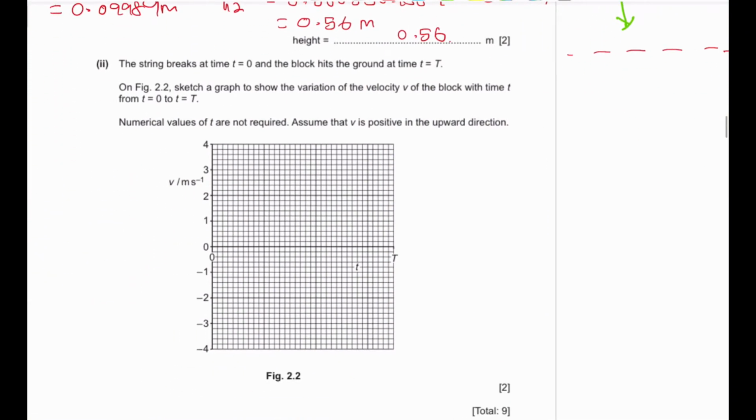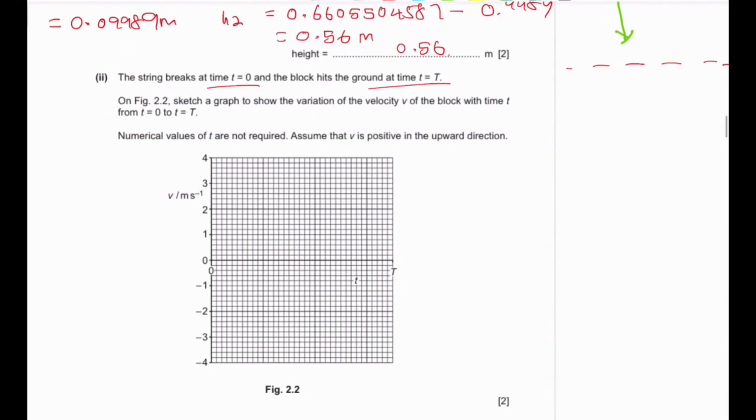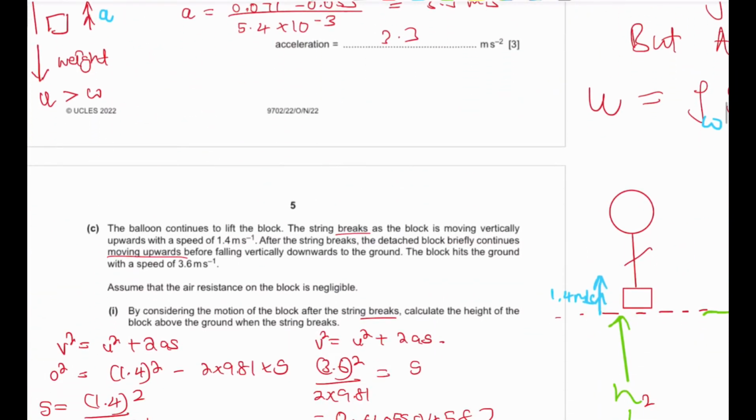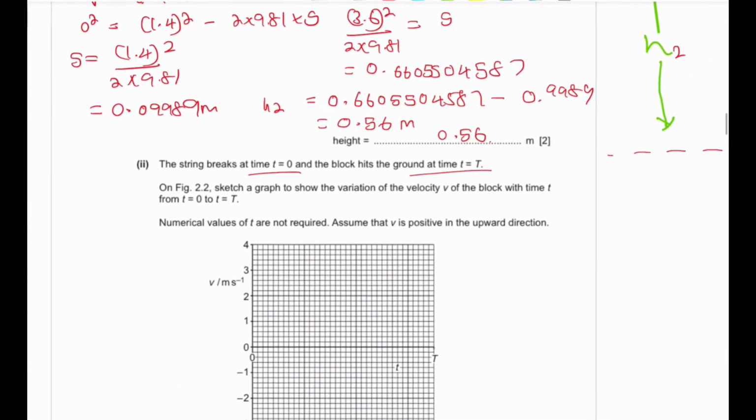Very important. So the string breaks at time t equals 0, and the block hits the ground at time t equals t. So at time t equals 0, the string is breaking, and the velocity at that moment is 1.4.